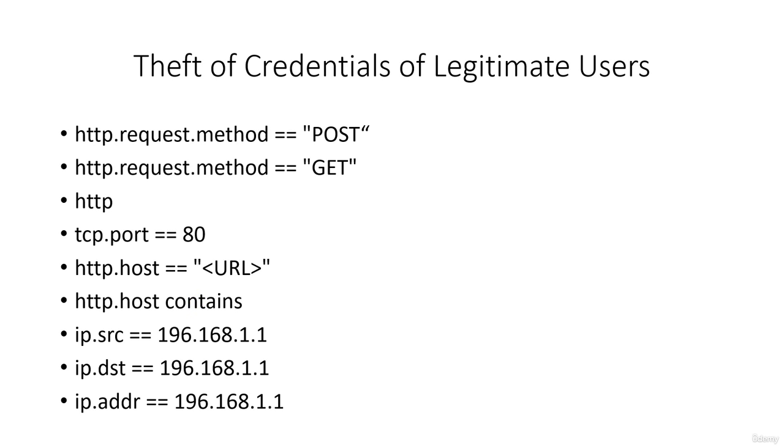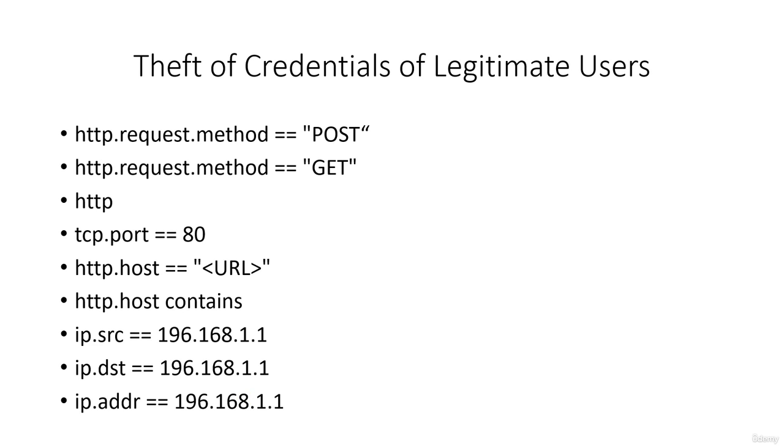Then with this IP address, you can show all traffic from a specific IP. Make sure you try all of that. And this one shows all traffic that has a specific IP address as source or destination.